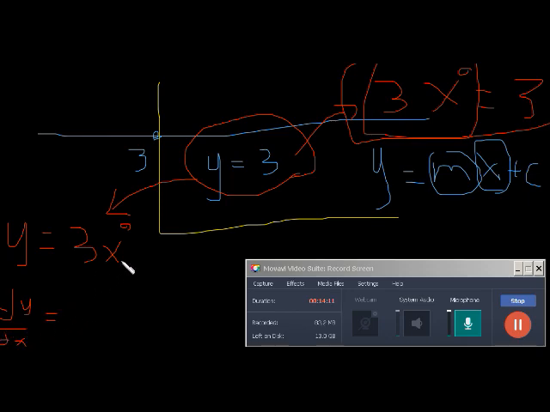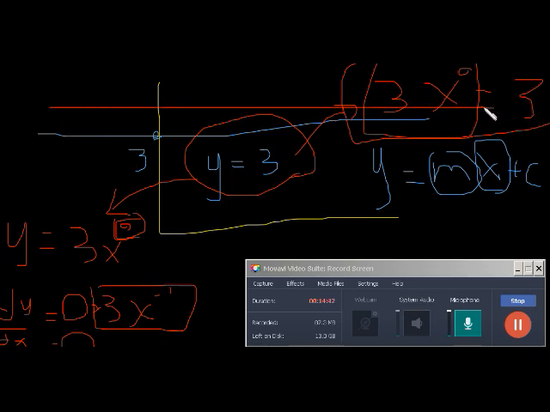This will be, as we know, the power will be multiplied by the coefficient, and the variable, the x, the power will be reduced by 1. Now as you know, 0 is being multiplied by all the numbers, so the answer is simply 0. And therefore you have also proven using derivative that the gradient of an exactly horizontal line graph is 0.